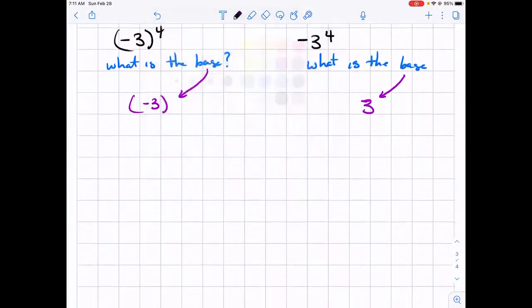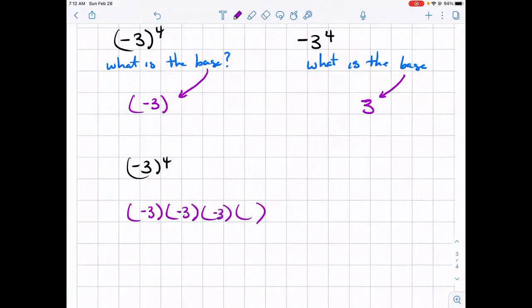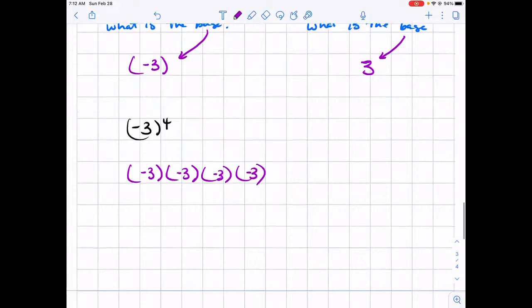So when we have minus 3 in parentheses raised to the 4th power, it means write the base 4 times, and then you fill in what's inside. If you multiply it, minus 3 times minus 3 is 9.